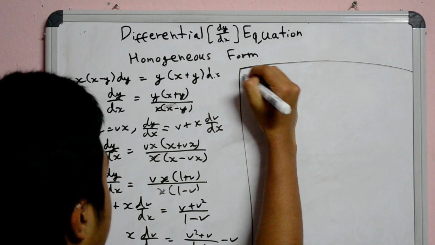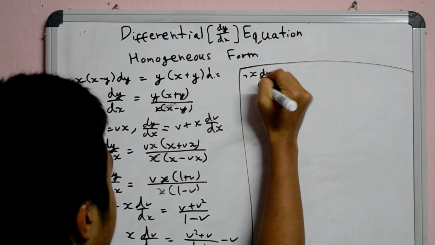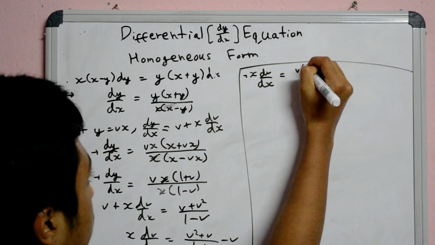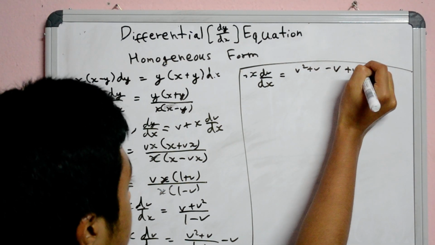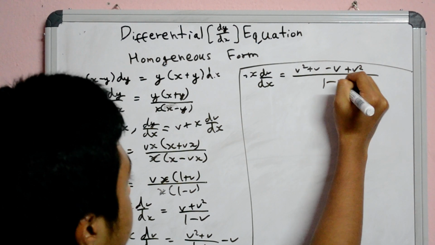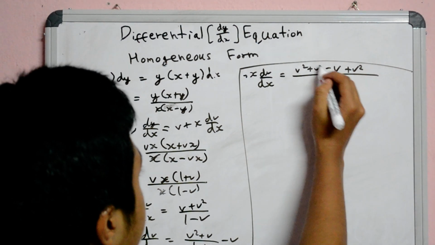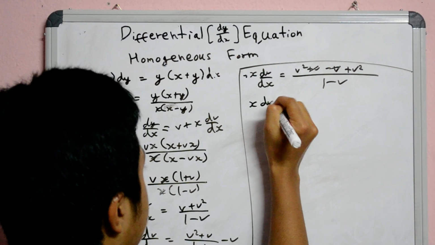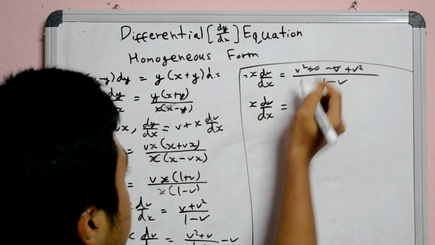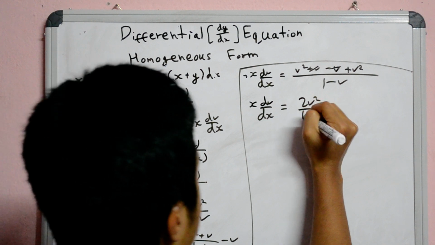So we have x dv/dx equals (v square plus v minus v plus v square)/(1 minus v). Here this v and that v cancel. So we get x dv/dx equals 2v square/(1 minus v).